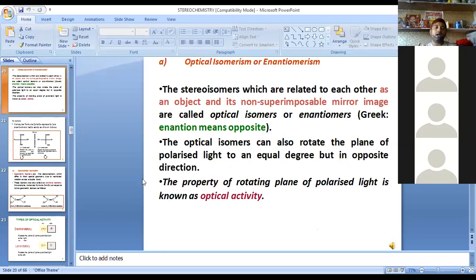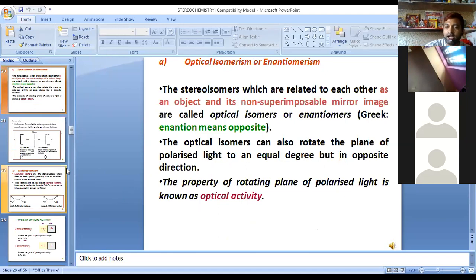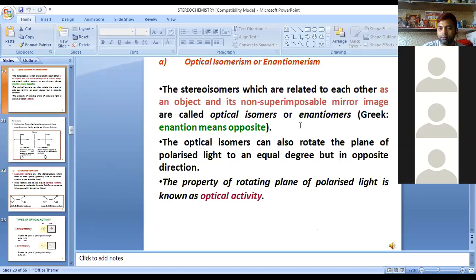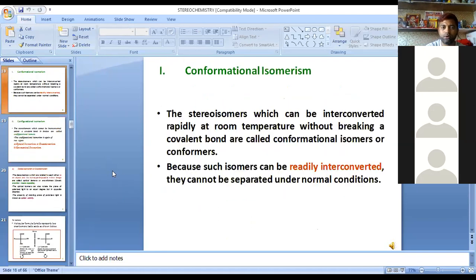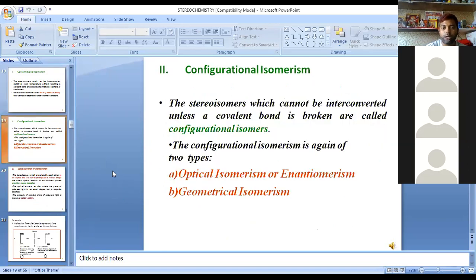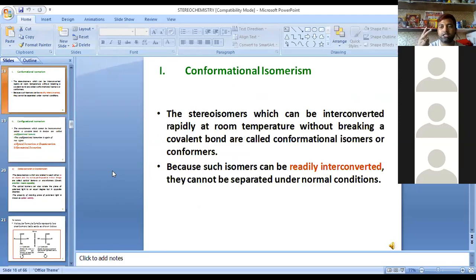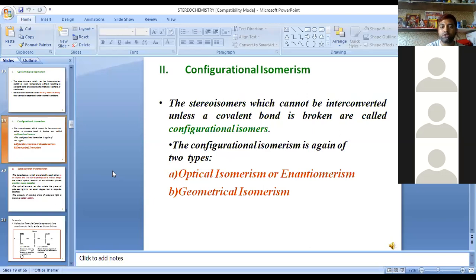What are optical isomers? They are able to rotate the plane of polarized light. Understood? Stereoisomers are classified into two categories, conformational isomers and configurational isomers.